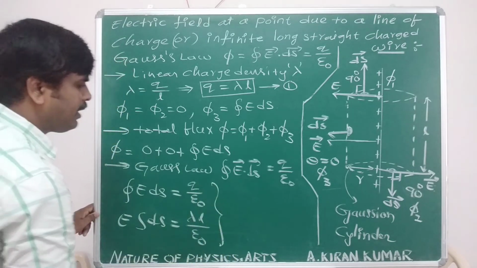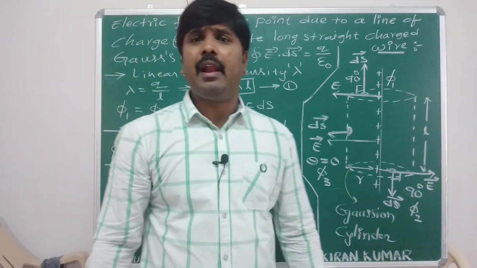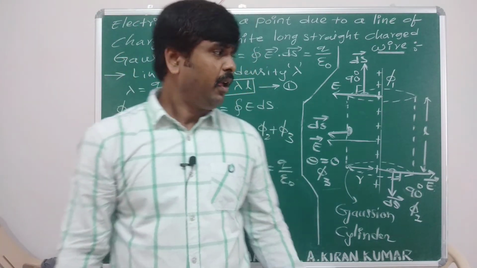The integral of dS is equal to 2 pi r L. Why?